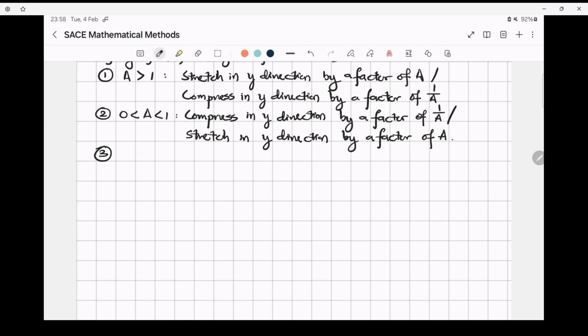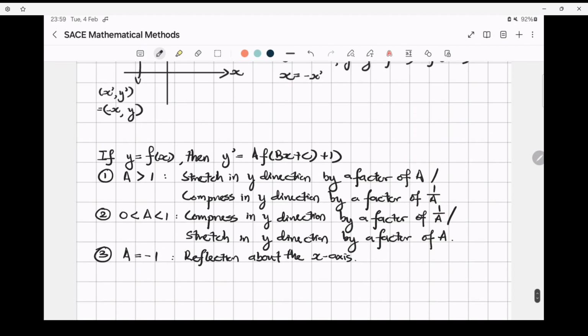So the third case, when a is negative, this is a reflection about the x-axis. So that's everything about this particular constant a.